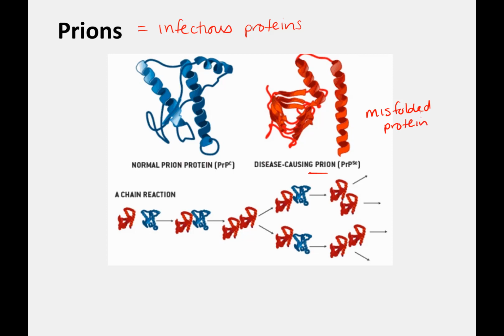For some reason, if this normal protein misfolds, it can make a chain reaction. It triggers other healthy proteins to misfold, and pretty soon these misfolded proteins will clump in cells and cause cell death.